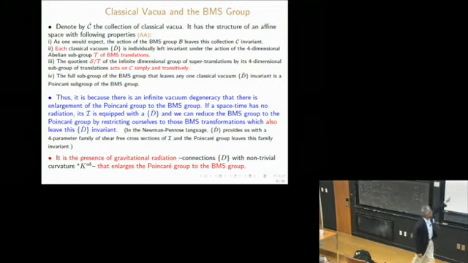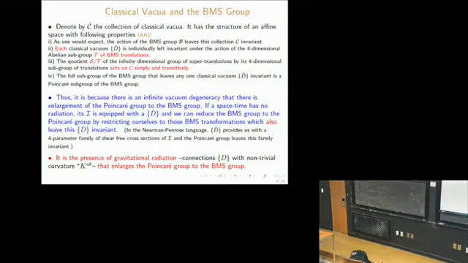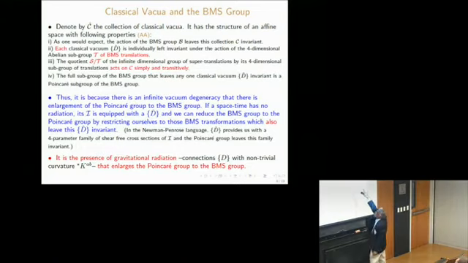As one would expect, the action of the BMS group B leaves this collection C naught invariant. So if I have a classical vacuum and I apply a BMS group transformation, I again get a classical vacuum. The curvature was trivial, it remains trivial. Furthermore, each individual vacuum is left invariant by translations.